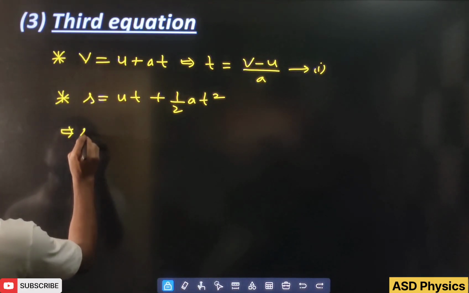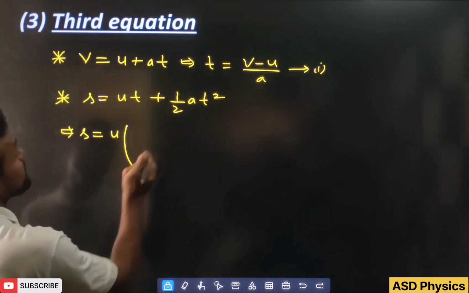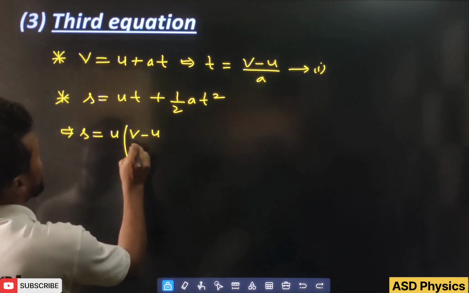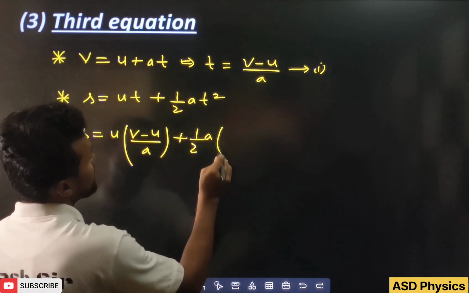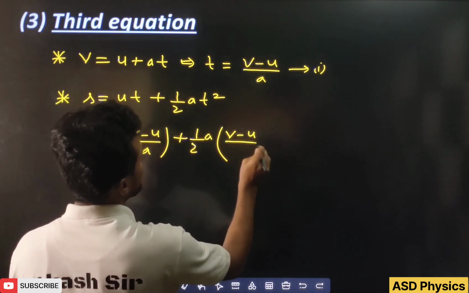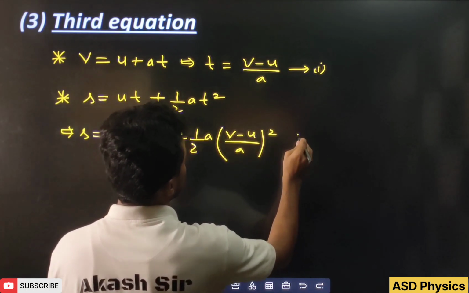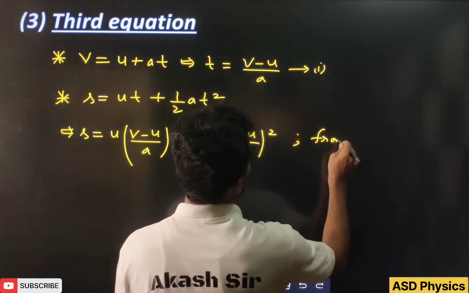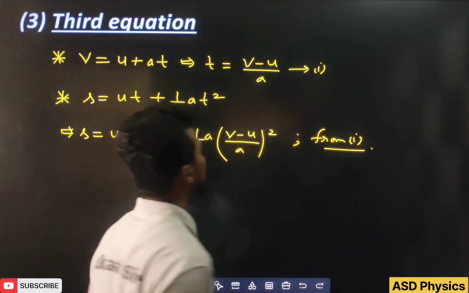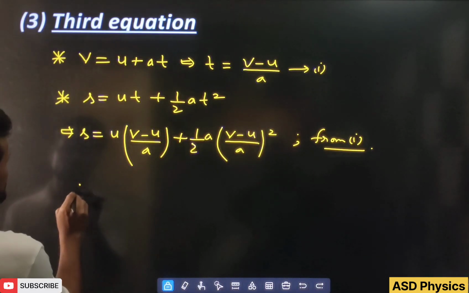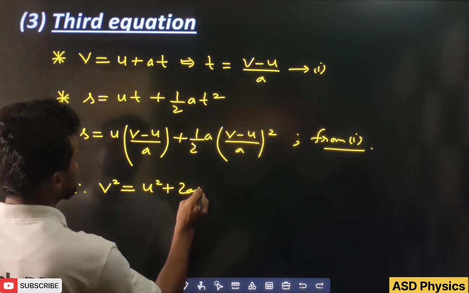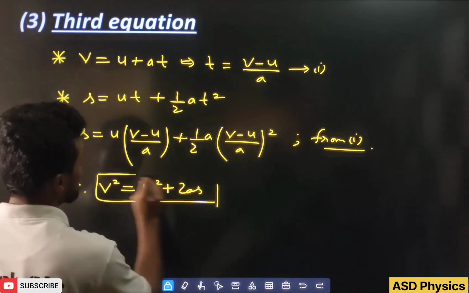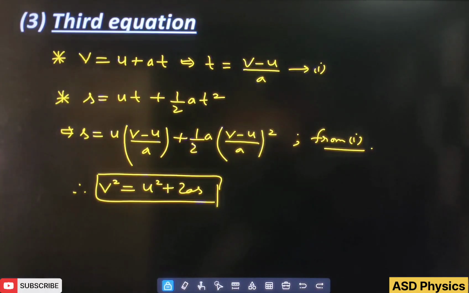So s equal to u into the value of t, v minus u by a, plus half a into v minus u by a whole square. We have done this using equation 1. When you simplify this, it will come v square equal to u square plus 2as. Can you see very well?